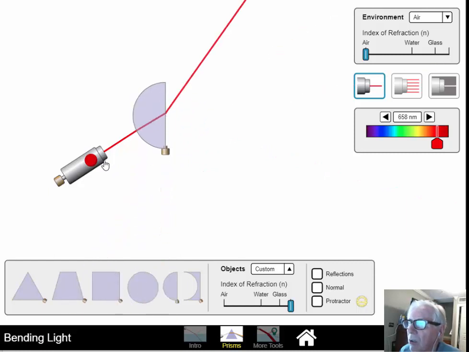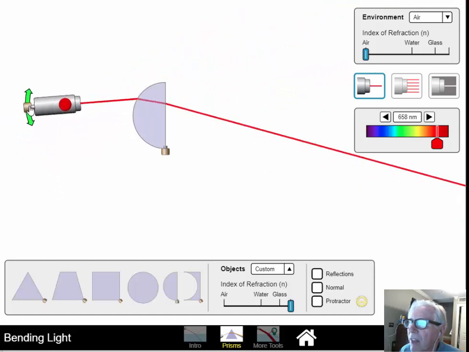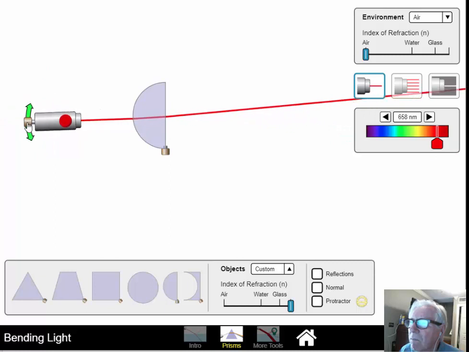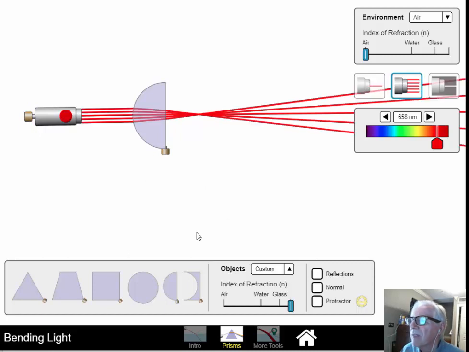If I bring you around like that, let's get you nice and straight. Okay, and then let's go like that. And notice where this focal point is. And then let's see if I can see that move.